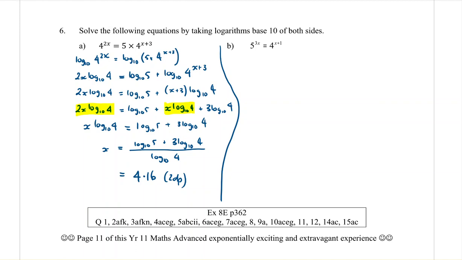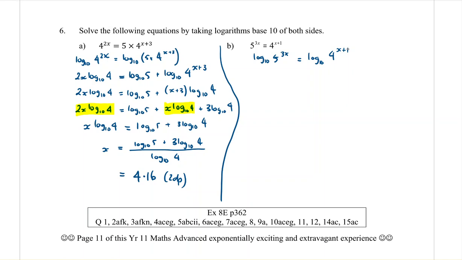Okay, let's try it again. Another one very similar. We know we have to start by taking log base 10 of both sides. So it's log base 10 of 5 to the power of 3x equals log base 10 of 4 to the power of x plus 1.